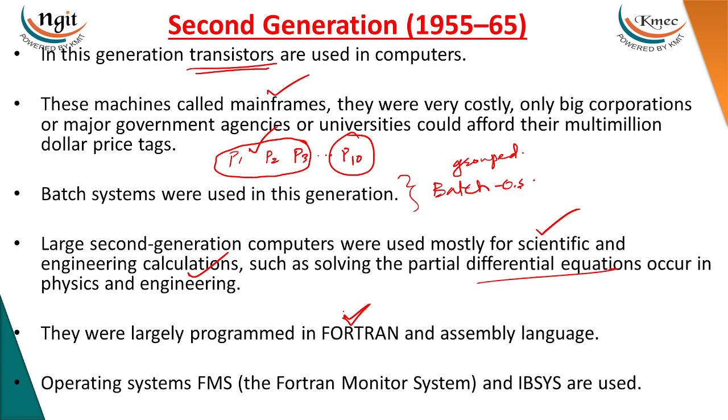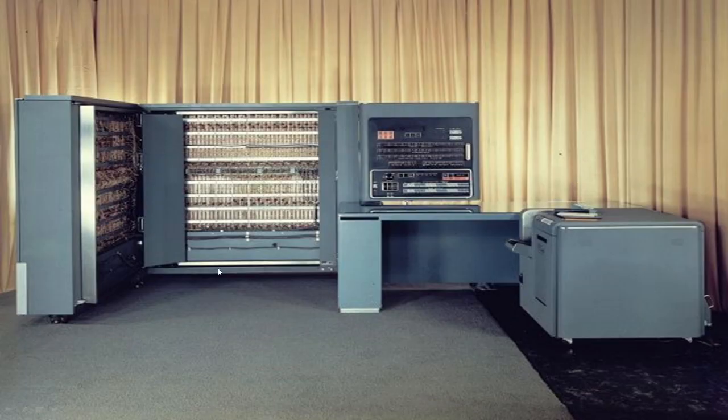They were largely programmed in Fortran and assembly language. The operating systems used here are the Fortran Monitor System, FMS, and IBSYS, designed by IBM. Okay. So this is our second generation computer. The size is reduced to some extent compared to the first generation vacuum tube computer.